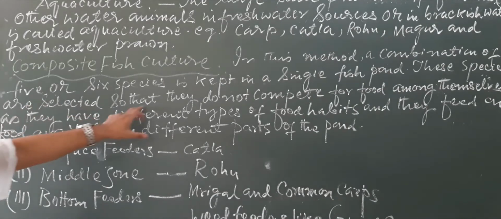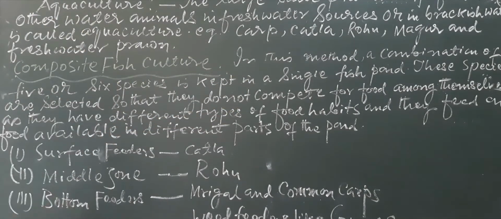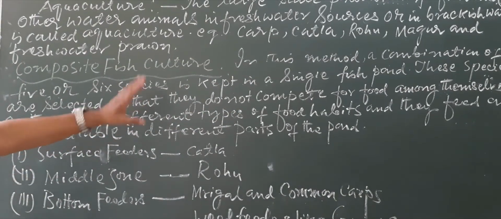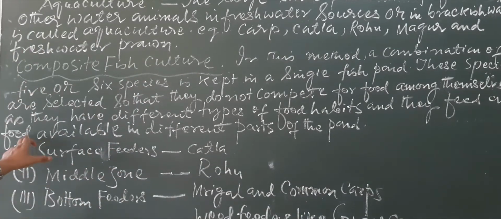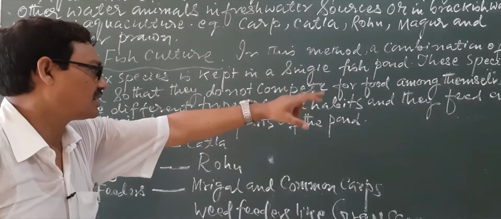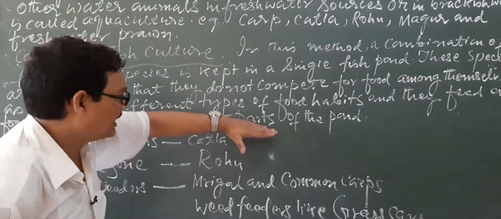These species are selected so that they do not compete for food among themselves, as they have different food habits and feed on food available in different parts, in different layers of the pond.